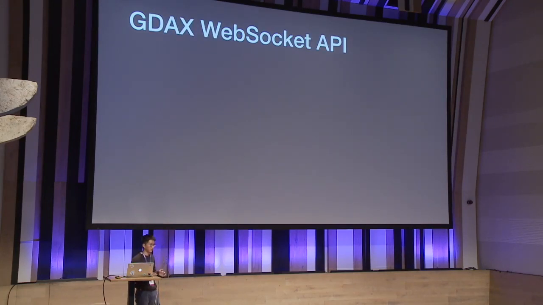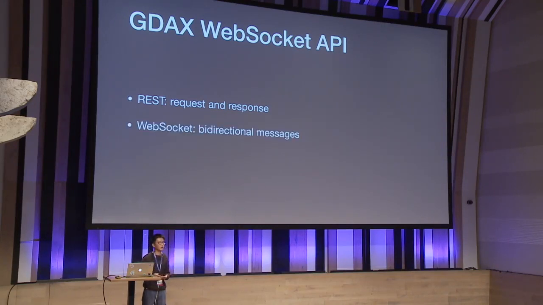But before I show you the code, let me be aware that a WebSocket API is different from an HTTP or a REST API, which has a request and a response. When you're working with WebSocket, you are sending messages back and forth between the client and the server.